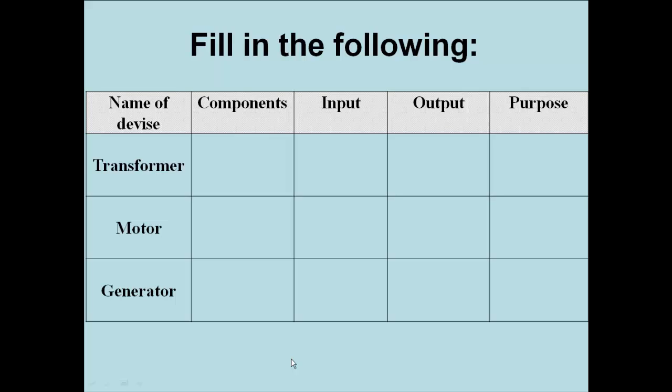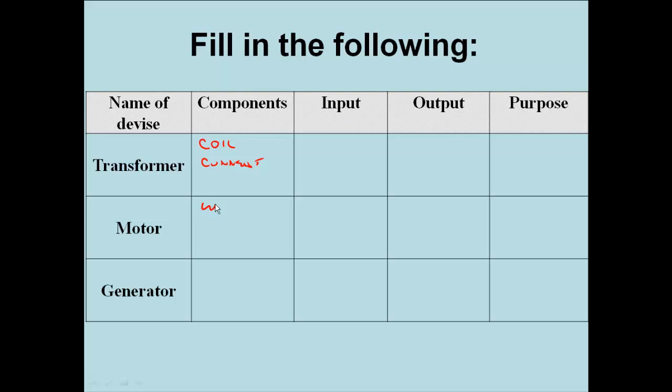So let's do a little review and talk about the components of a transformer as well. The components for a transformer, if you haven't realized, is just a coil of wire and something to produce a current. It's nice if you have a bar or something to connect the two, but it's not necessary.